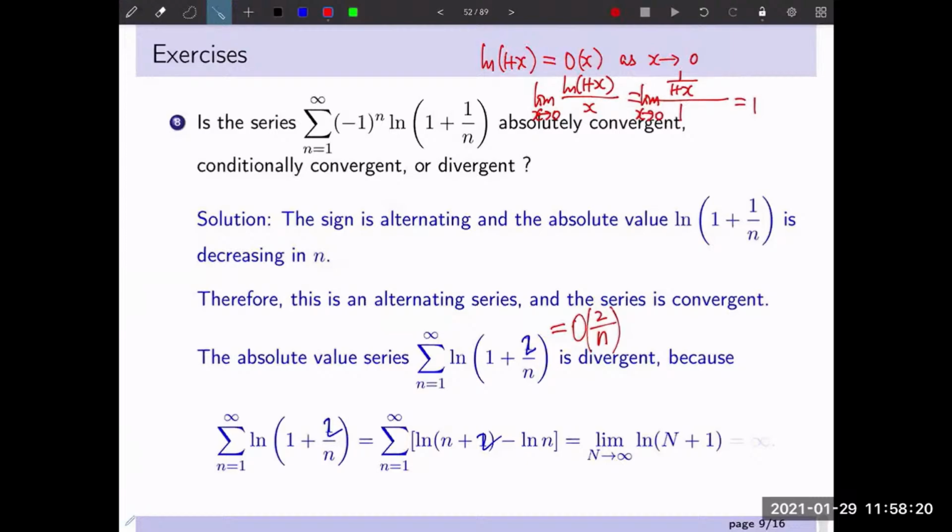So they are roughly the same amount. So therefore, for this series, this is roughly order 2 over n. While you know that this series is divergent. Okay.